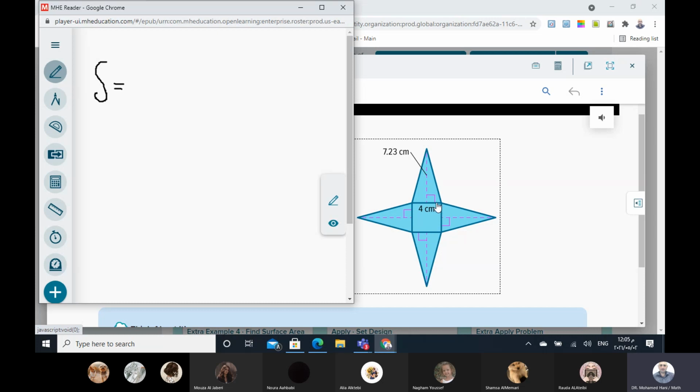Square. How to find the area of the square? Take the side 4, then square this side. 4 times 4, or 4 squared. 4 squared means 4 times 4, plus. How many lateral faces do you have? 1, 2, 3, 4. We have 4 congruent lateral faces. So we have here 4.